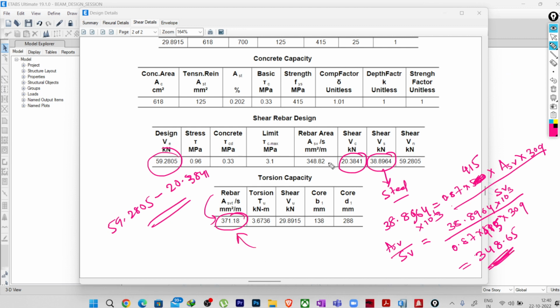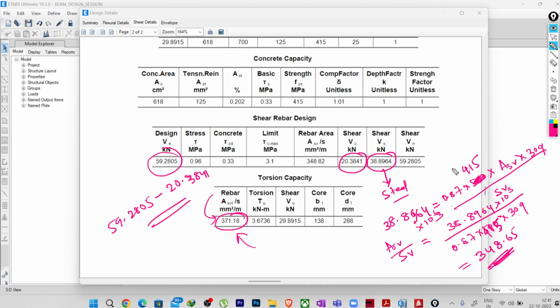So maybe you can say this is a flaw of the software, but I don't think it should get something like this. So maybe we have done some mistake somewhere in some calculation, I don't know. But okay, what we can say is that it is close to our value, but a bit higher. If it is higher, it is okay. If it is lower than the value that we are calculating, then it will be an issue for us, right? I need to check it later whether it is correct or we have done some mistake somewhere.